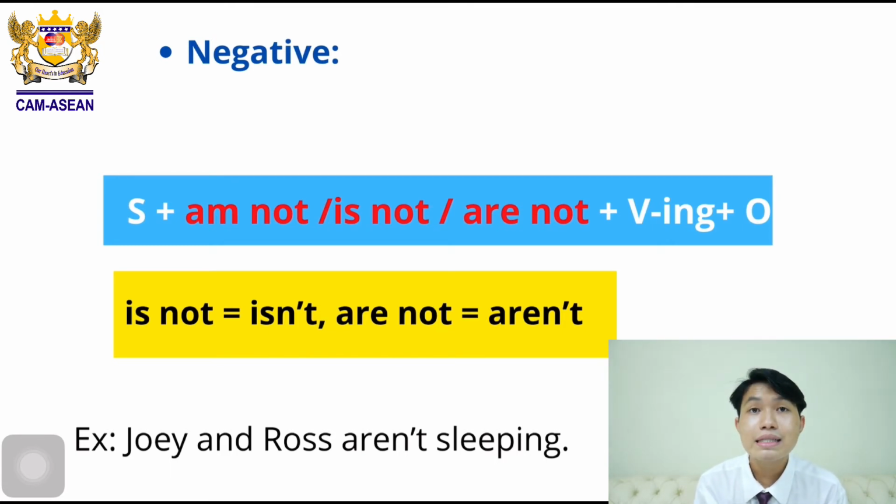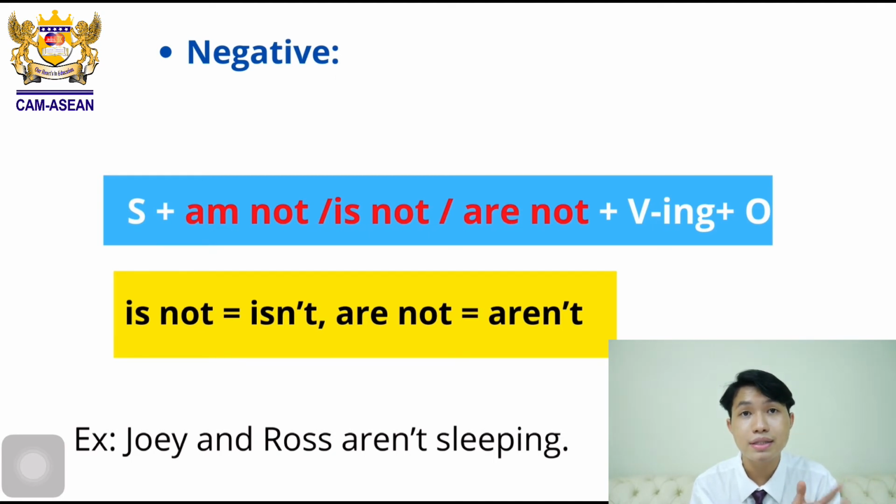Alright. So let's look at the example together. Joey and Ross aren't sleeping. Okay? The reason over here is aren't or are not because the subject is plural nouns.